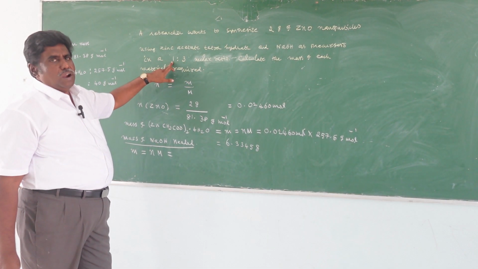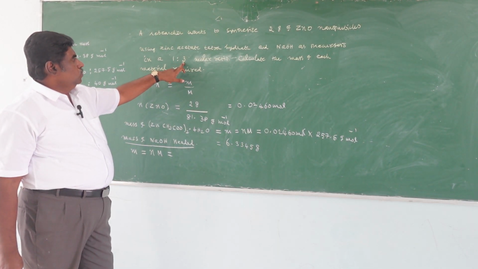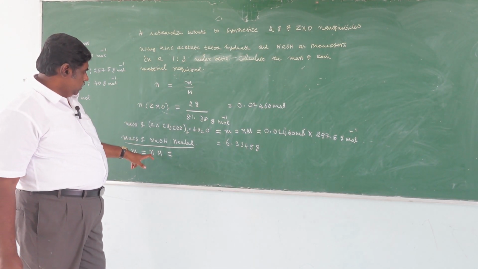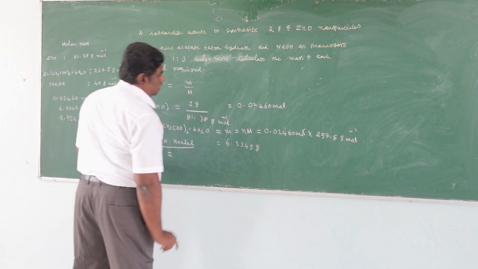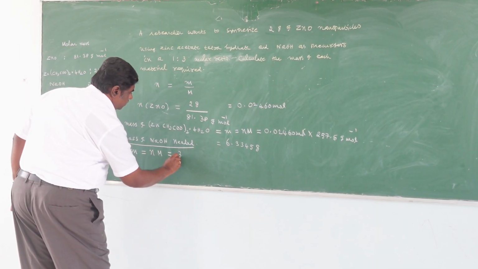For 1 mole of zinc acetate tetrahydrate, he has to use 3 moles of sodium hydroxide. So this value, 0.02460, should be multiplied by 3.